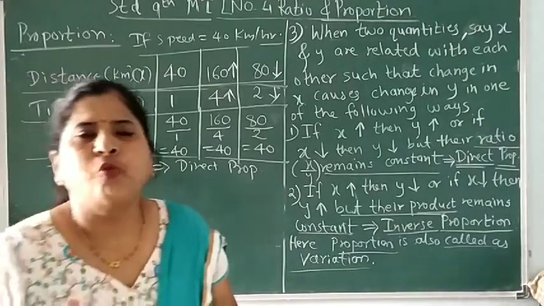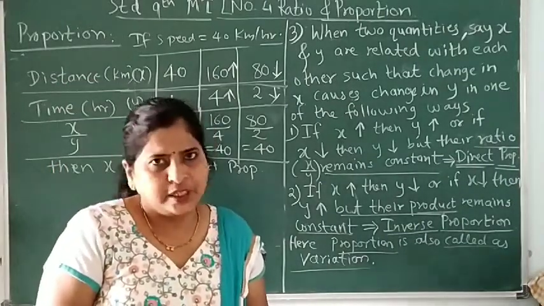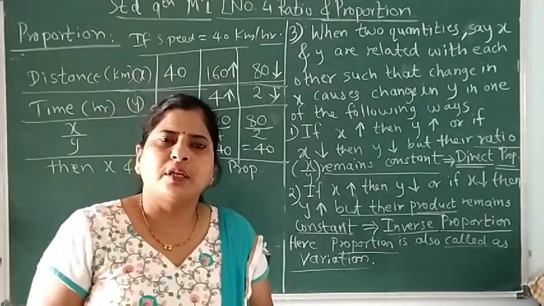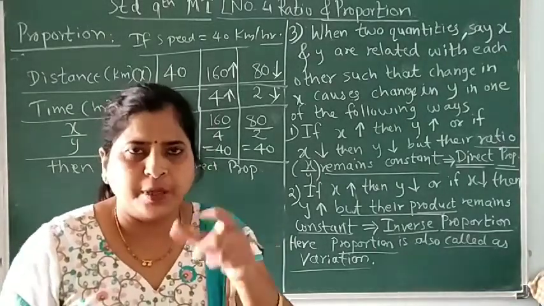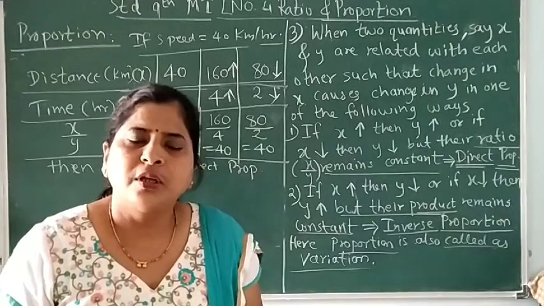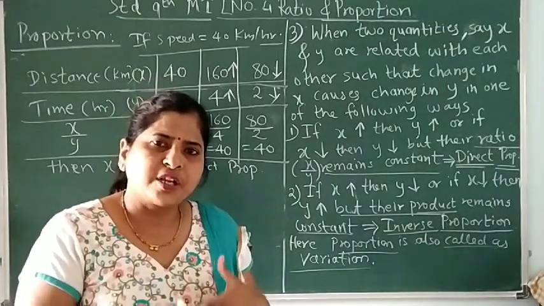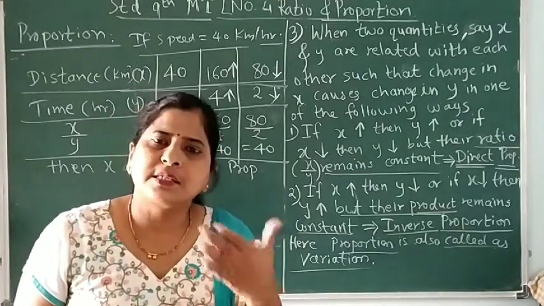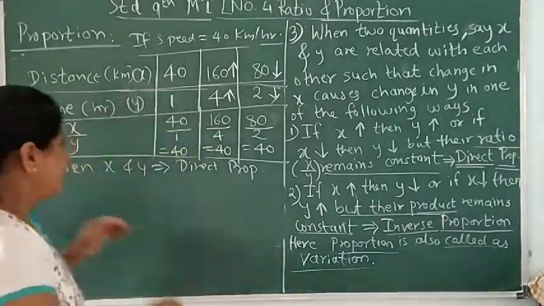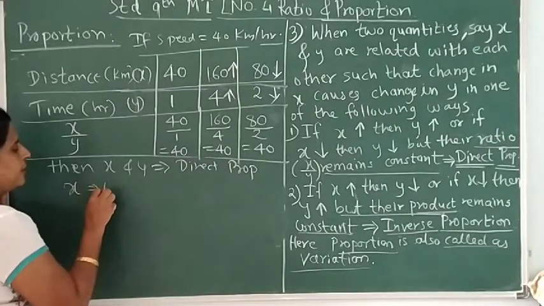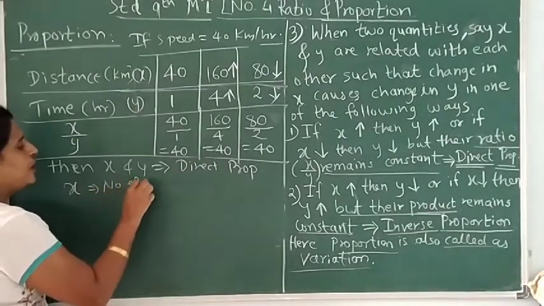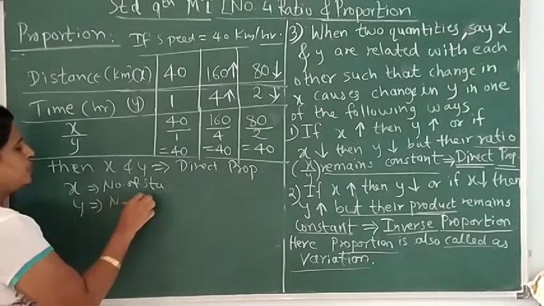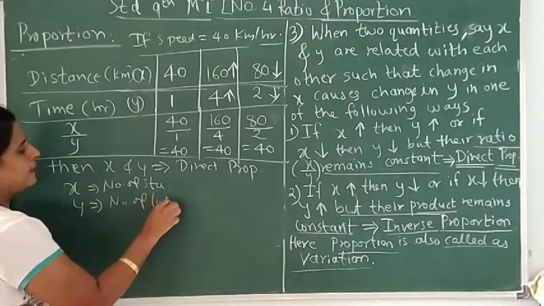Suppose we want to distribute some sweets to some children, and we are going to give 2 laddus to each student. Suppose x is the number of students or children, and y is the number of laddus required.